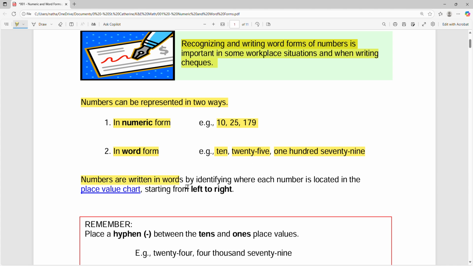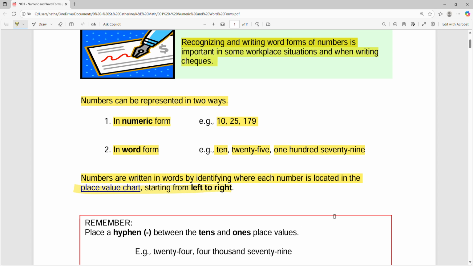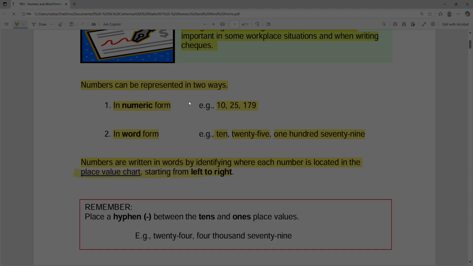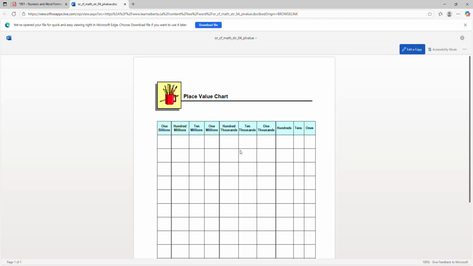Numbers are written in words by identifying where each number is located in the place value chart, starting from left to right. Okay, this is our place value chart where we can write out each digit in the place value that it belongs to.